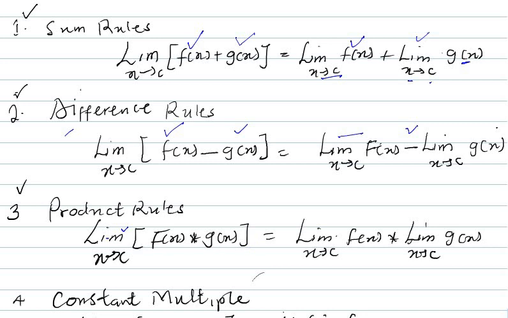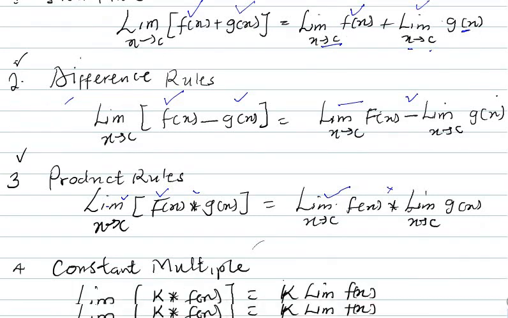You can say the limit of f of x, multiplied by the limit as x approaches c of g of x. It is just multiplication between them, so you just need to distribute.